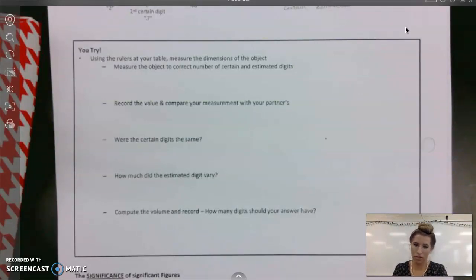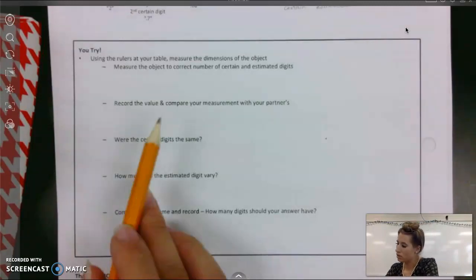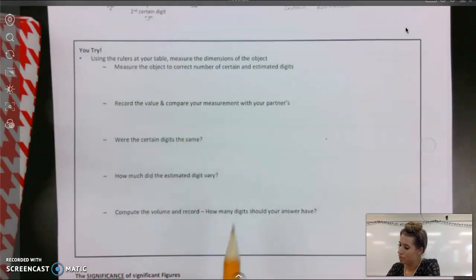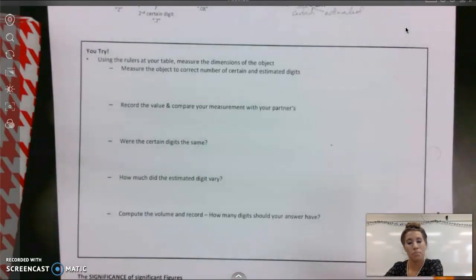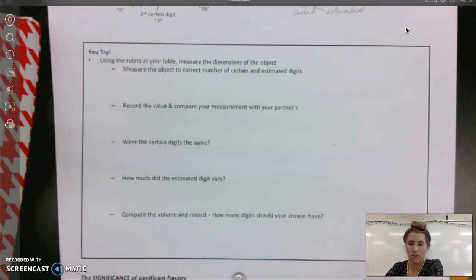And tell me, based off of the tool you have and the ruler, I want you to first write down the measurement and then tell me which values are precise and we're certain of, and which one, or the last value, is the estimated one, okay, and how you know that. So that's what I want you to do here. Some of these are like partner things, so let's focus on that prompt here. Find an object, measure it, tell us the measurement, and how you know some are certain and some are uncertain.